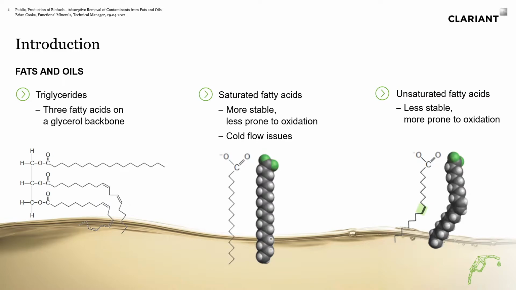Unsaturated fatty acids are less stable, and they're more prone to undergo oxidation, which is more important for biodiesel because biodiesel converts those fatty acids into methyl esters, and so you still have those fatty acid molecules there that can undergo oxidation, whereas with renewable diesel, those are converted to hydrocarbons and you don't have the oxidation issues.